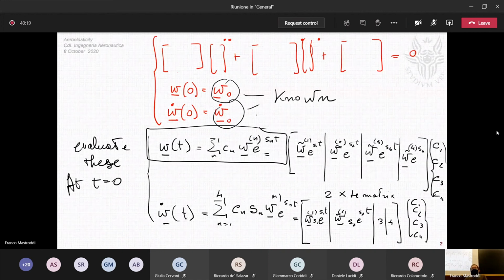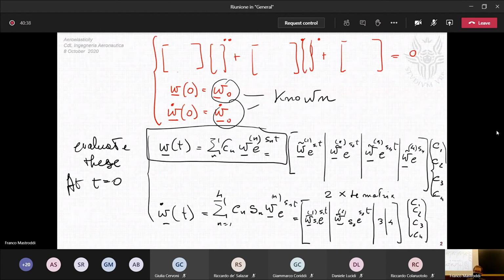Okay, this is a standard way for building your free response, and if you include your C coefficients in this expression, you will have an analytic form.